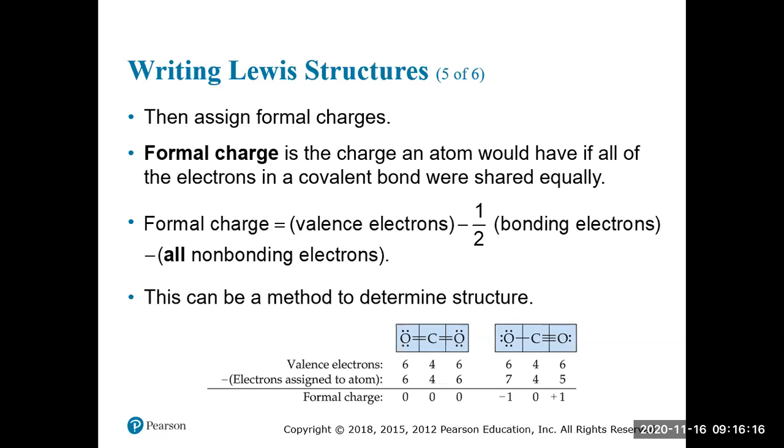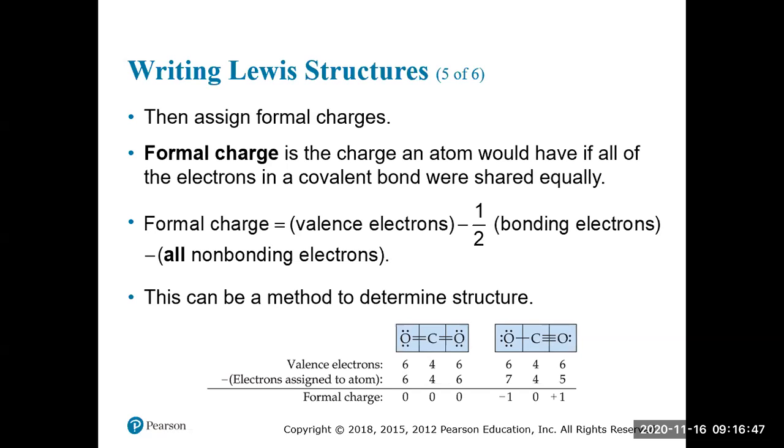If we go through this process, we see that valence electrons for oxygen are 6, valence electrons for carbon are 4. We know that because of where they are in the periodic table. Oxygen is in the 6A group, so that tells us we have 6 valence electrons. Carbon's in the 4A group, that tells us we have 4 valence electrons. So that's how we knew the valence electron numbers, based on where it is in the periodic table.